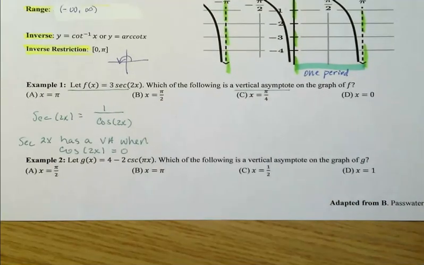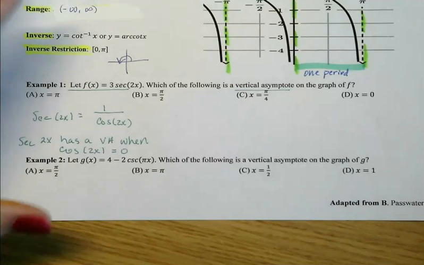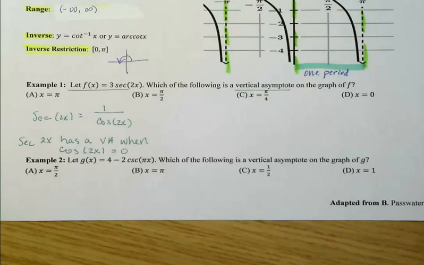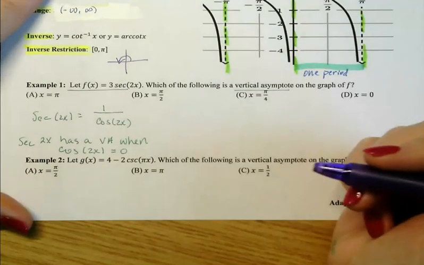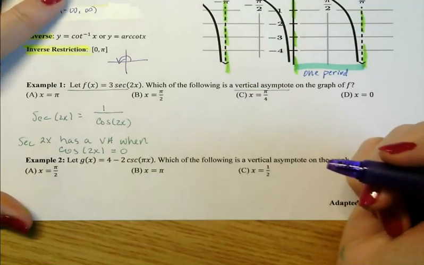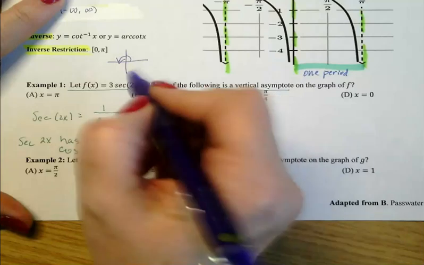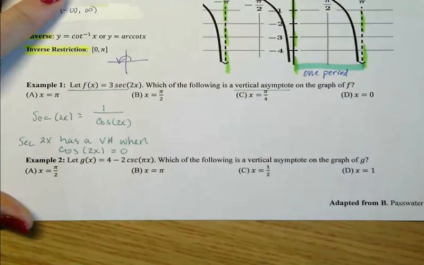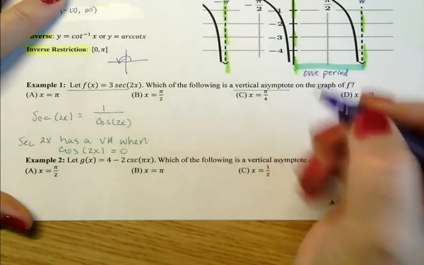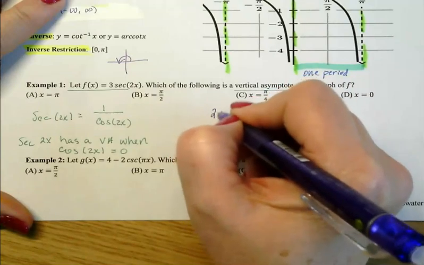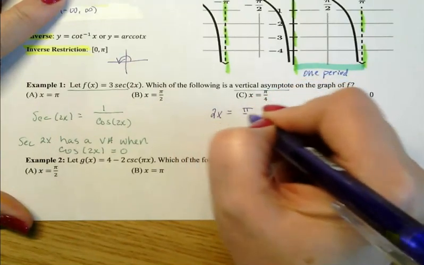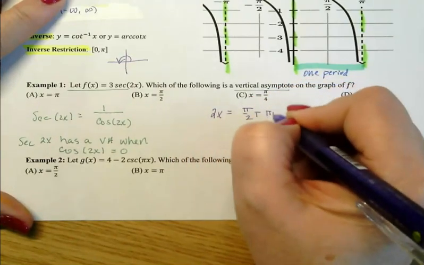So when secant of 2x has a vertical asymptote, it's going to have it when the cosine of 2x equals 0. So we have a couple of ways that we can find that. We can use the vertical asymptote equation, and adjust for that 2x right there. So we can say 2x equals pi over 2 plus pi k.